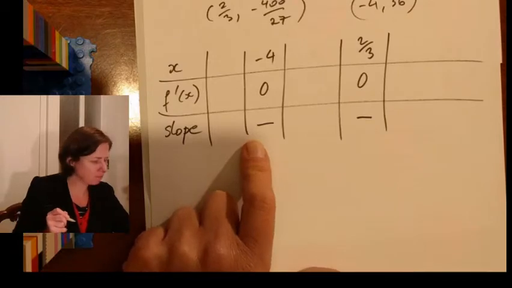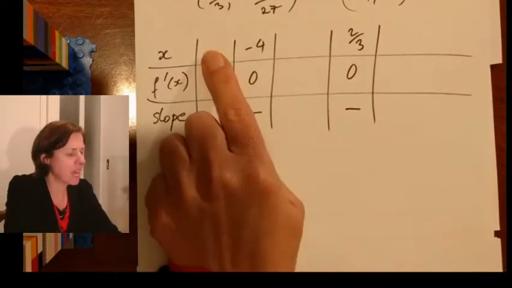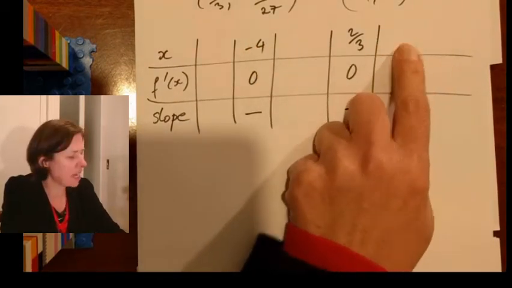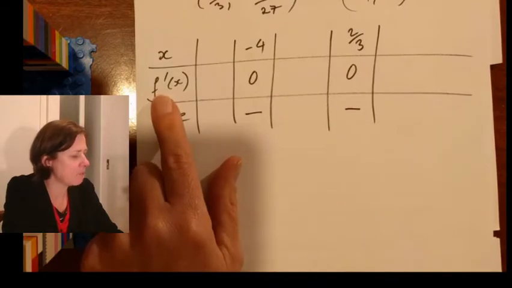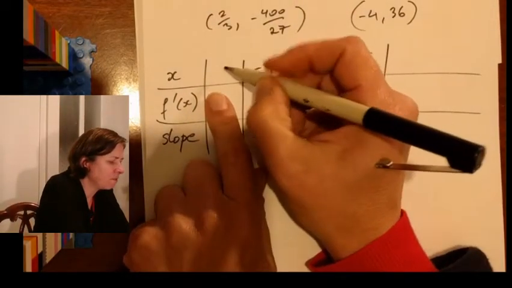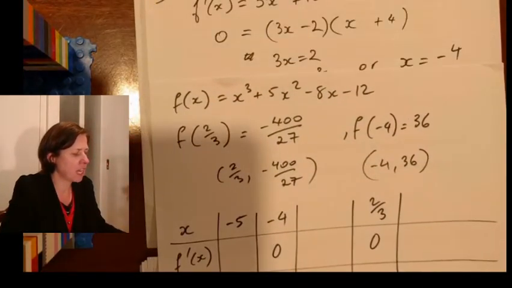Okay, now what I'm going to do is pick an x value slightly to the left of that, in between these two, and slightly to the right of that. And remember that what I'm interested in is f dash of x. So when x, let's go to the left of negative 4, I'm going to get negative 5. Let's find our f dash of x.